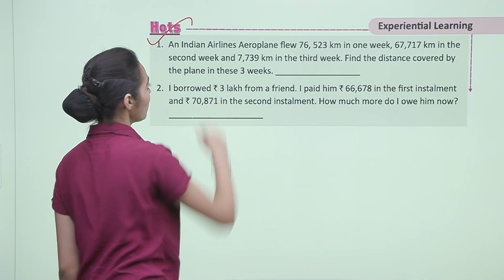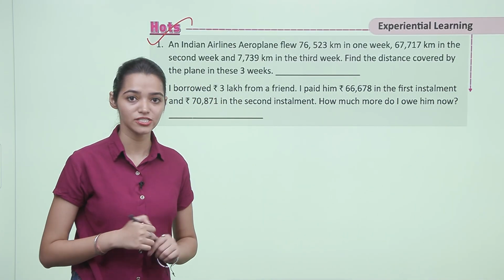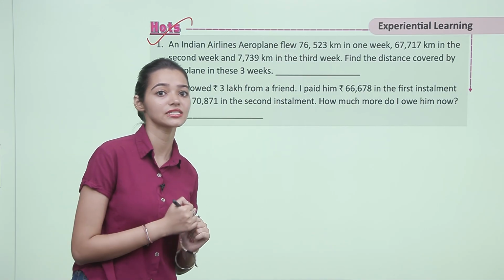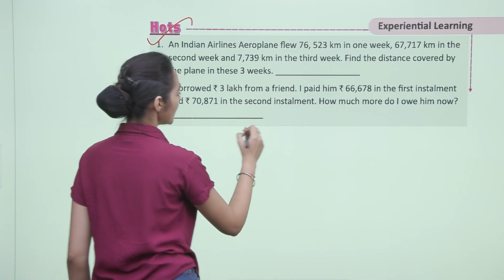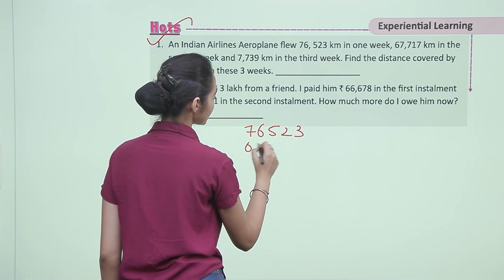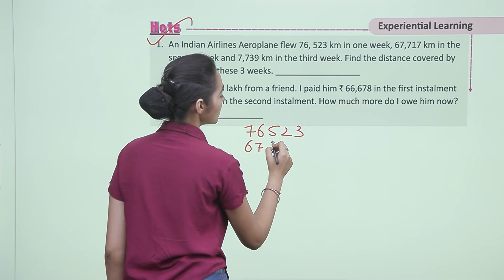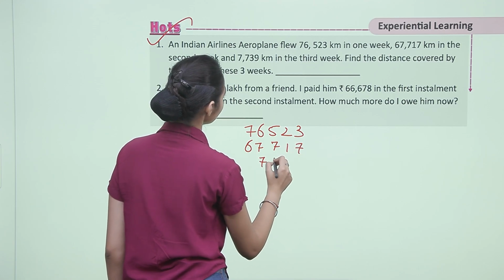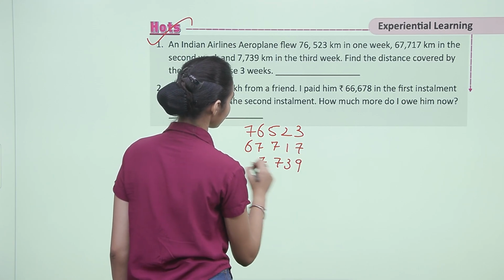Now in the next one we have HOTS. We are told that an Indian Airlines flight flew this many kilometers in 1 week, this in the second and this in the third. Find the distance covered by them in the 3 weeks. That means we will add all the terms, that is 67,717, and the next one is 7,739.